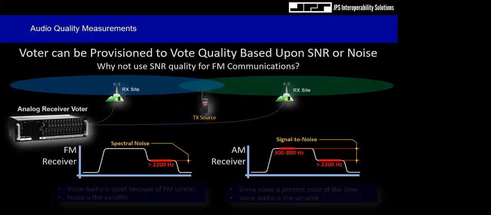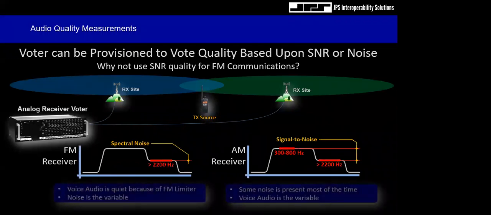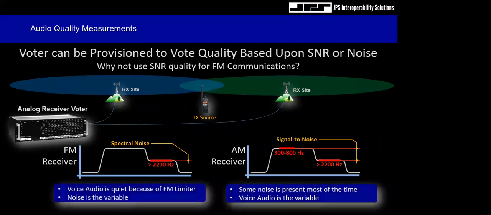All right. So again, in FM communications, we only focus our efforts on the spectral noise above a certain threshold, typically above 2 kilohertz. In AM, we have to look at not only the correlated speech at the lower region of the spectrum, but also the spectral noise.